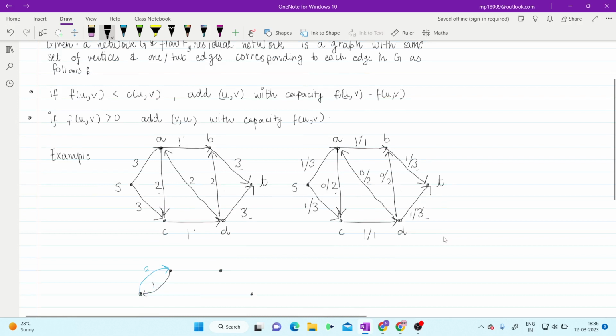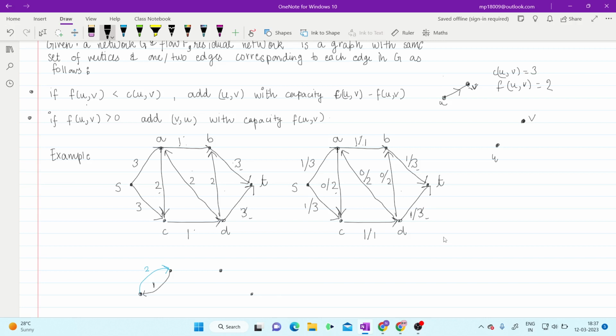First of all, if you are given an edge UV which has capacity 3 and flow 2, in the residual graph you'll draw two edges corresponding to this edge.